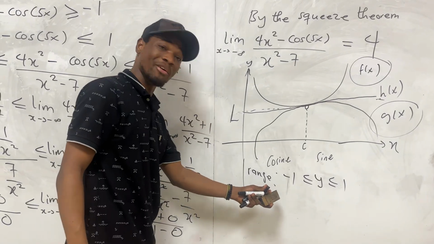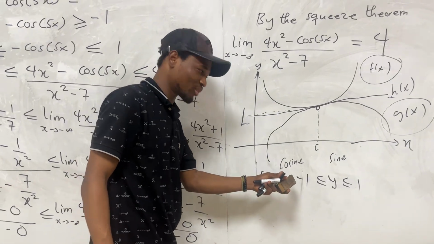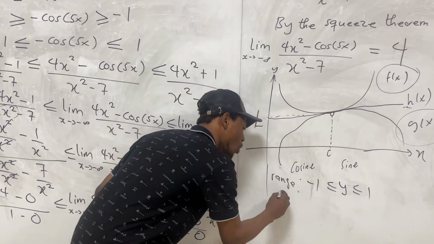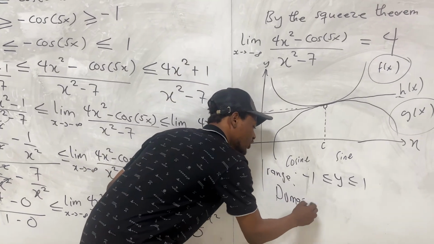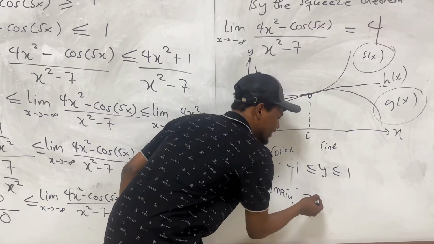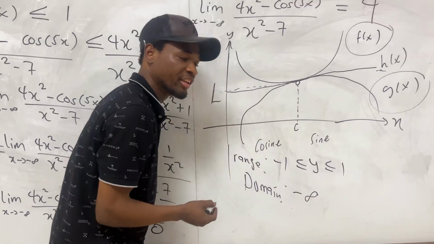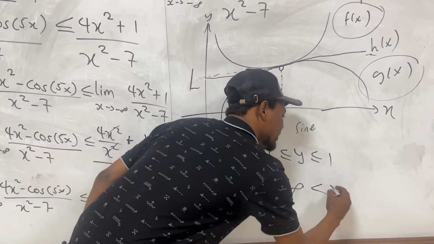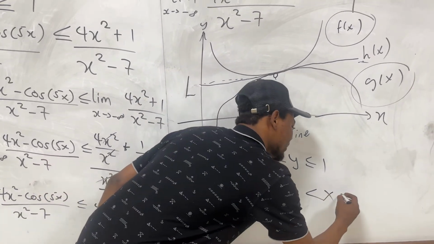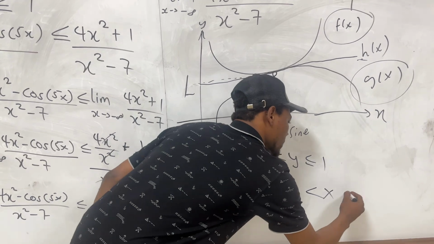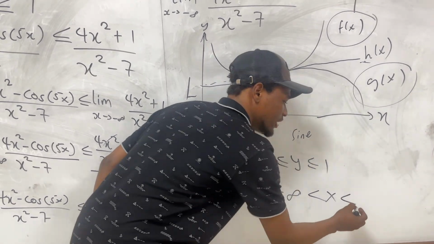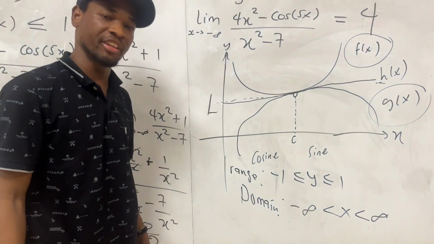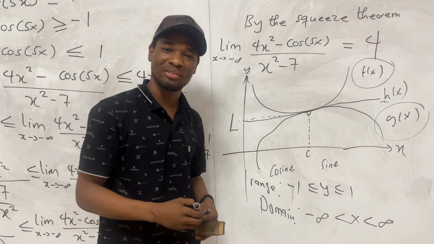That is the range for both sine and cos. And the domain is still the same: negative infinity less than x less than positive infinity. As simple as that.